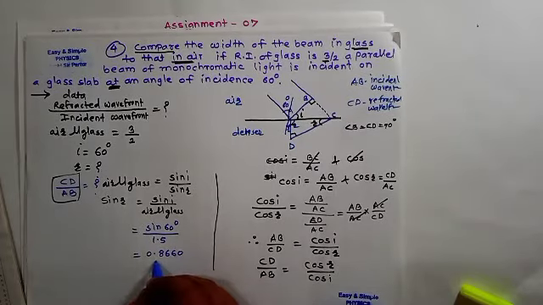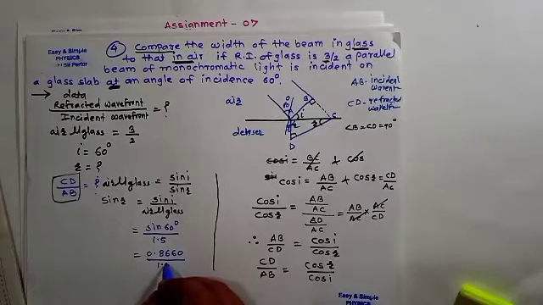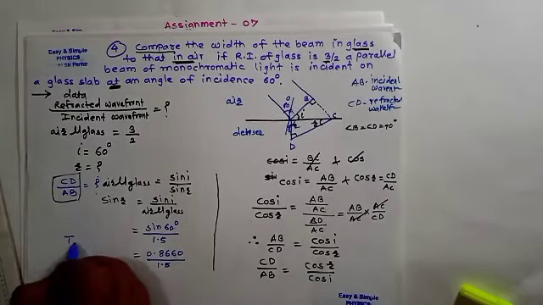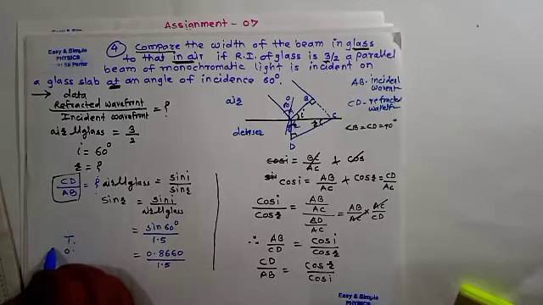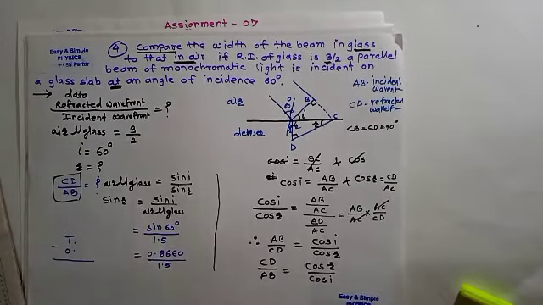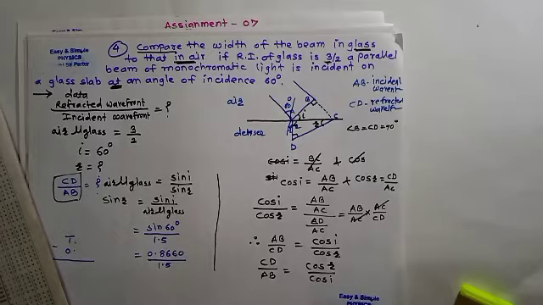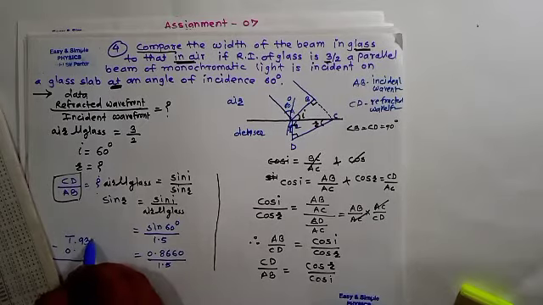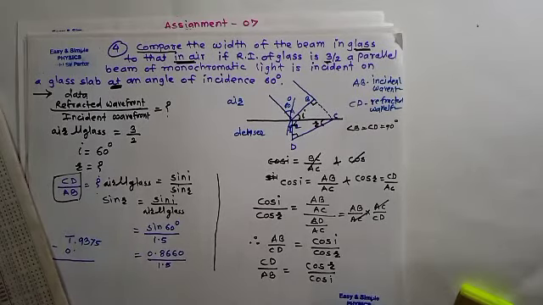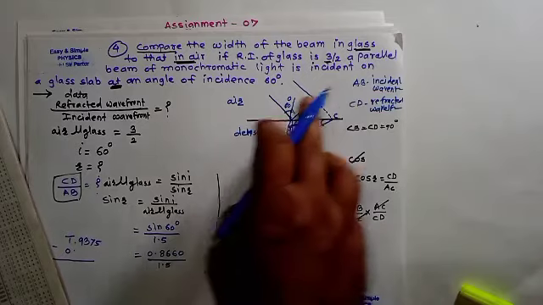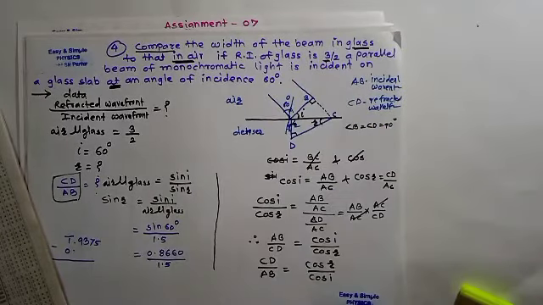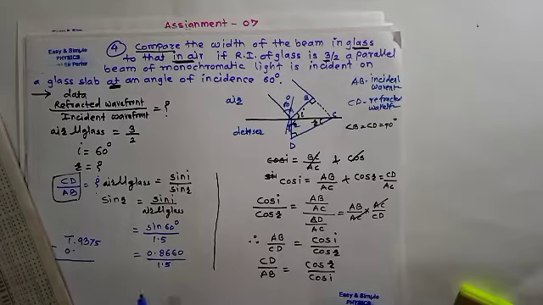0.8660 divided by 1.5. If we take log, so here log of 8660, it will be 9375, and log of 1.5, that is 3 by 2, it will be 1761.